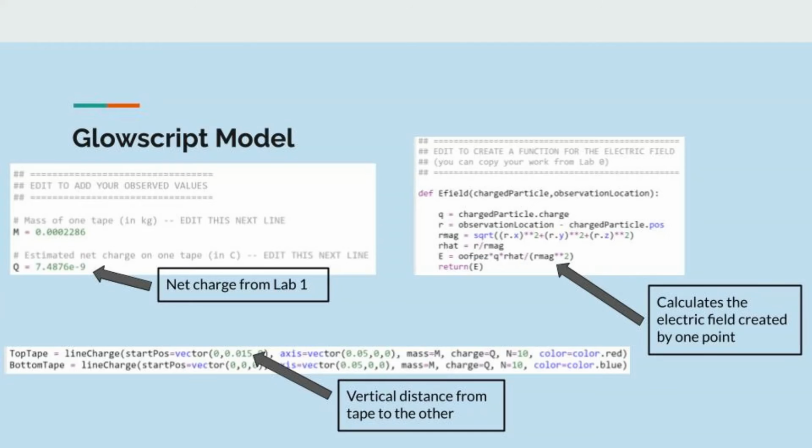This is the GlowScript code that was used to create the computational model. Several changes were made from the starter code, which included the net charge from Lab 1, Q equals 7.4876 times 10 to the negative 9th, the vertical distance from one tape to the other, which was 0.015 meters in the y direction, and the equation for the electric field created by one point.